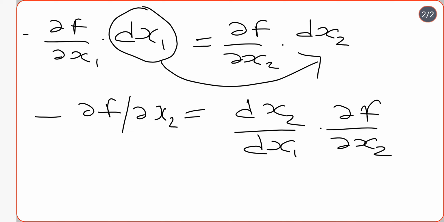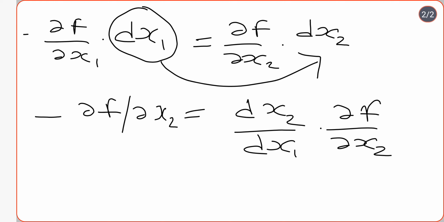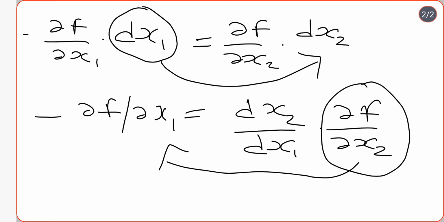So if we send this portion to the other side, then what will we get? I have made a mistake here. This is del f by del x1. Now if we just want to send this part of the equation to the left hand side, then what will we get?